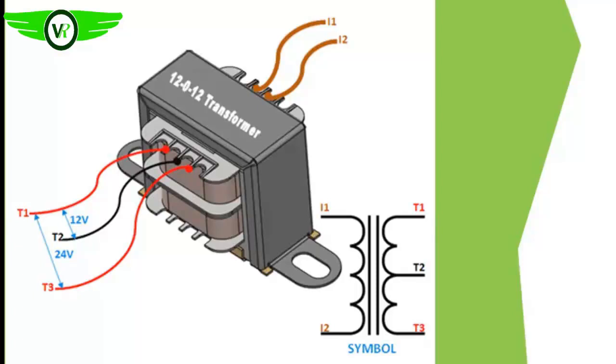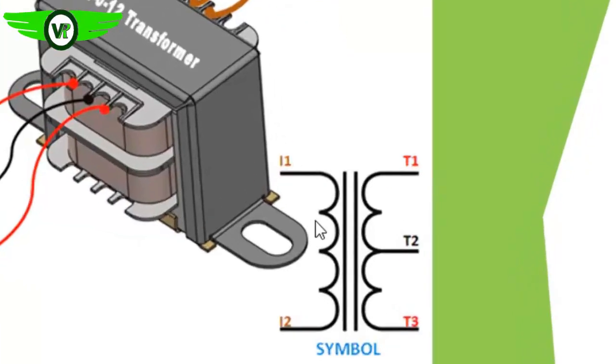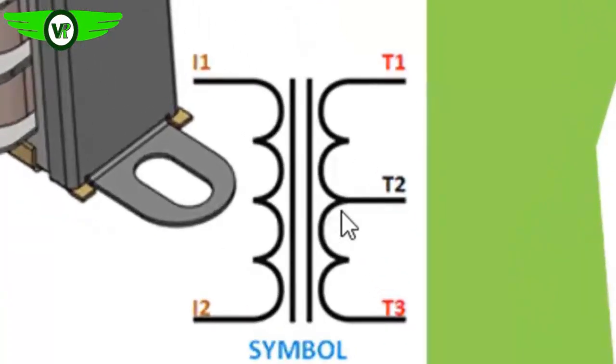Now if you look at it, you see that we have the primary terminals, or it could be the secondary terminals, one set of windings here and then the other set of windings. Okay, so you see from the diagram of the transformer, you see the center tapping from the middle of the winding.